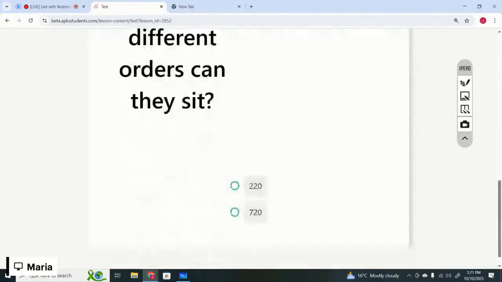So six factorial equals 720. Option number two is the correct option.